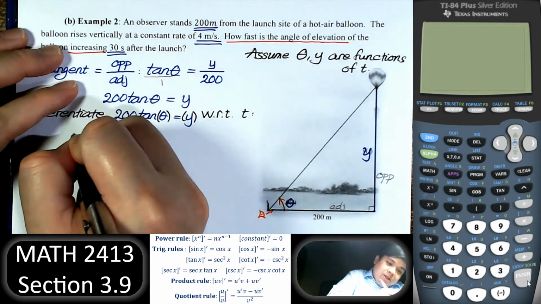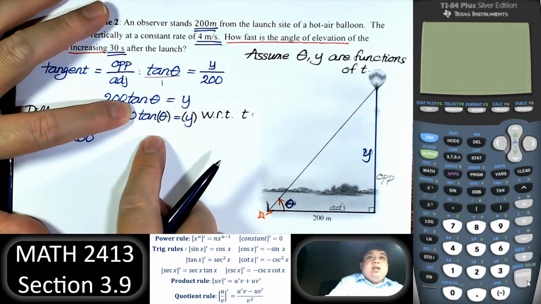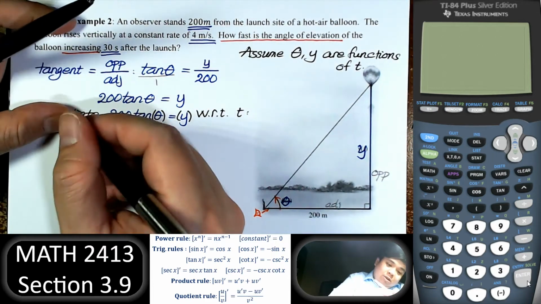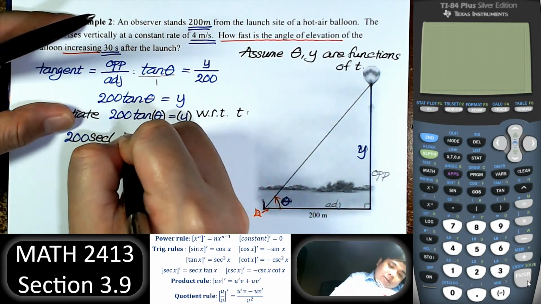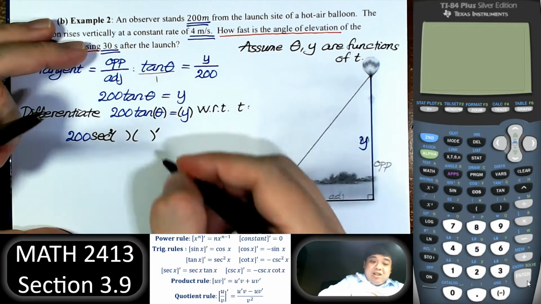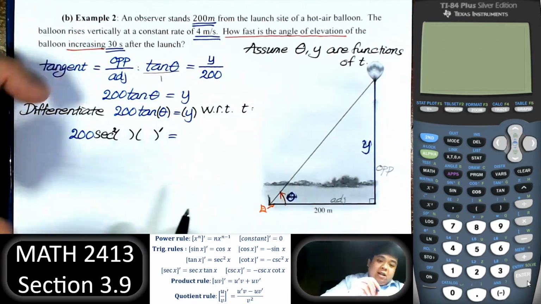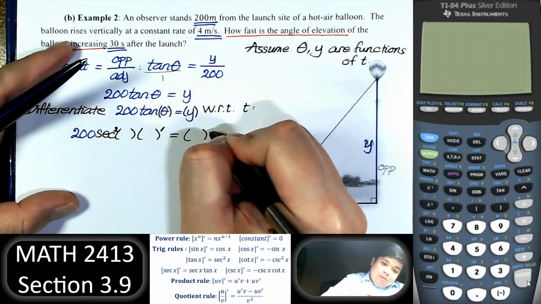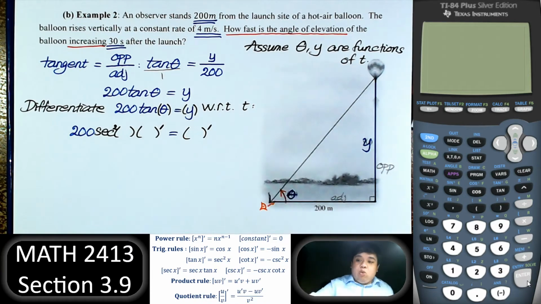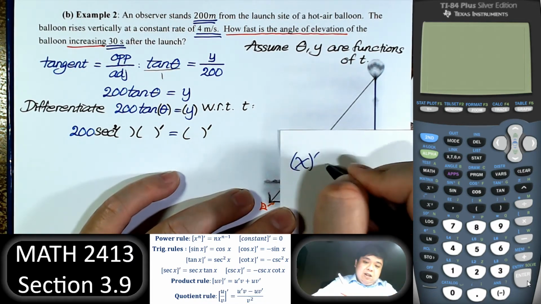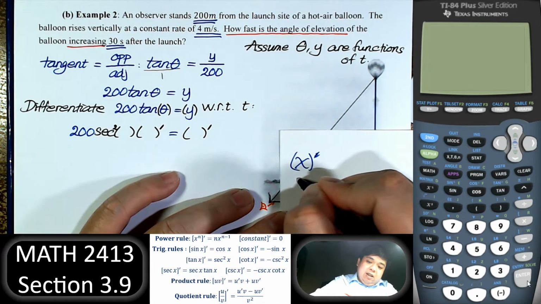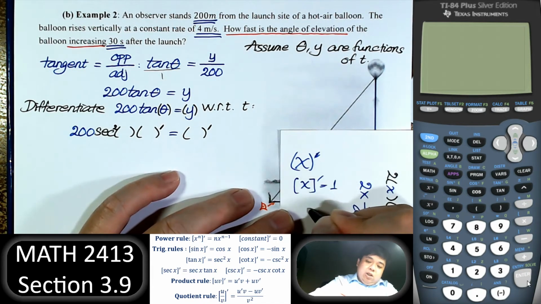Right, 200, still 200. The derivative of tangent is secant squared. So we have secant of something squared, and then the derivative of that. It doesn't matter what's inside the parentheses. And the derivative of y is just the parentheses prime, because the derivative of the parentheses itself is just 1, just like the derivative of x is 1.